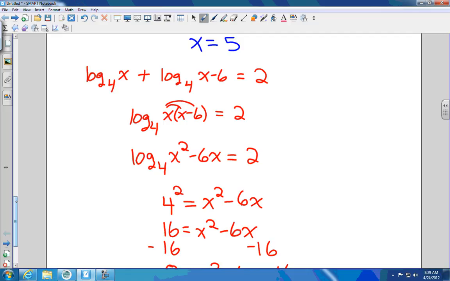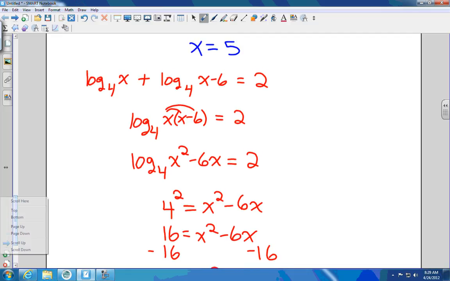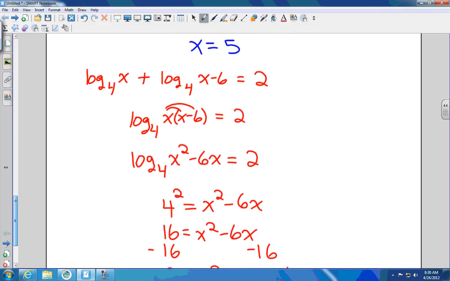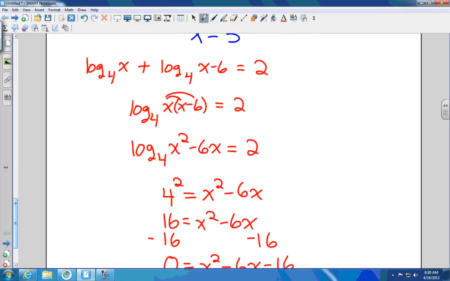So if you were to plug the 8 in for these x's right here, you would have log base 4. That would be 8 times 2, so log base 4 of 16 equals 2.